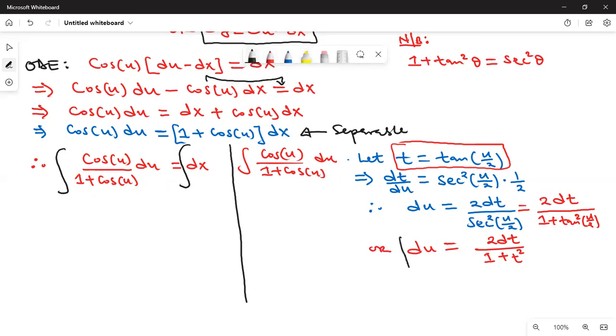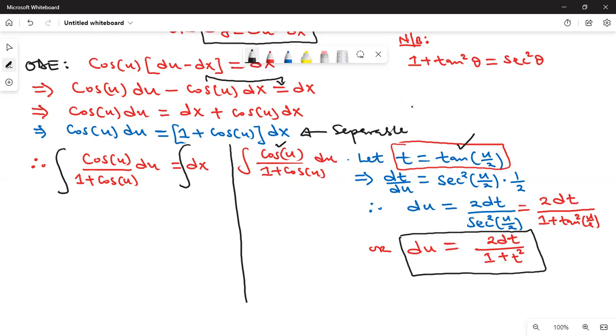So this is a substitution that you're going to make where we have du. Of course, we start by saying tan u over 2 is equal to t. I also need to know what cos u is in terms of t.